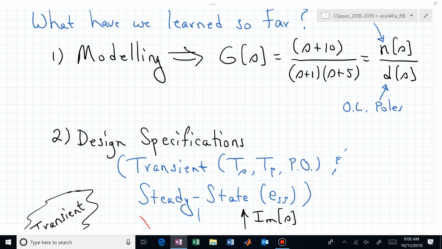We've been focusing on 3 that are transient, and then we've also been talking about steady state error. But when I speak of transient design specs, if I say settling time, or T sub s, what should be coming to mind, or what are you starting to see visually relative to the complex S-plane when I say settling time?